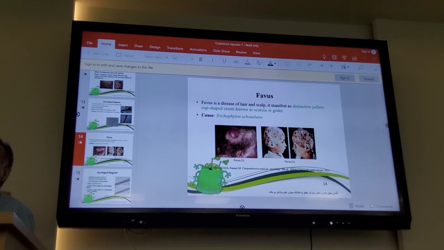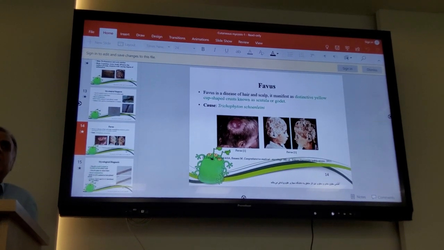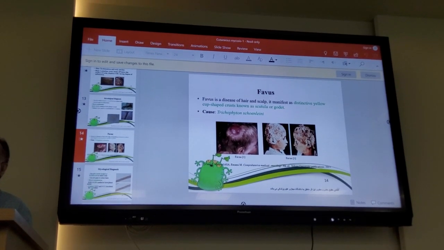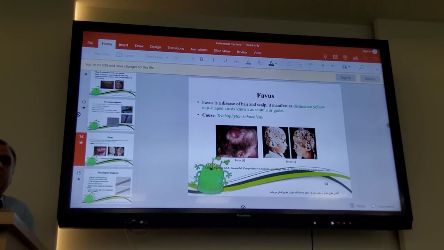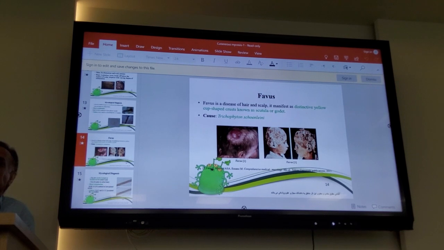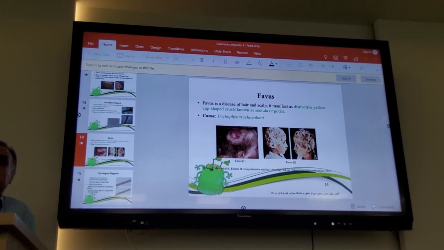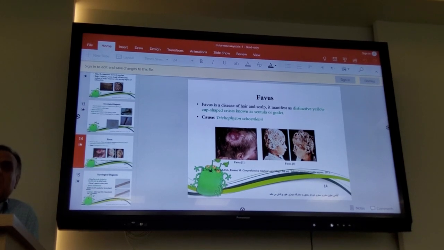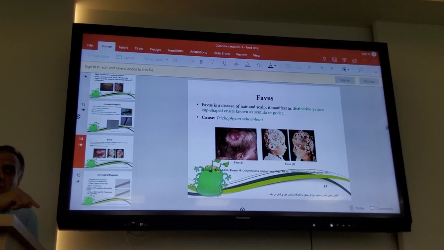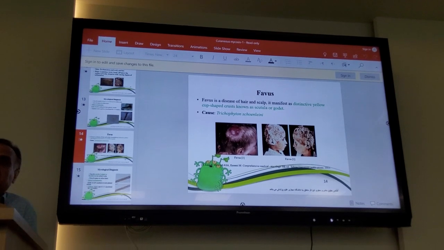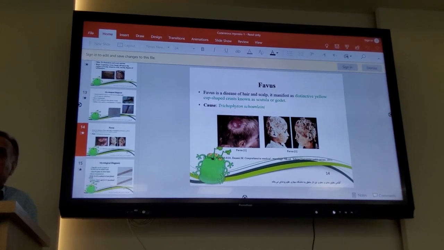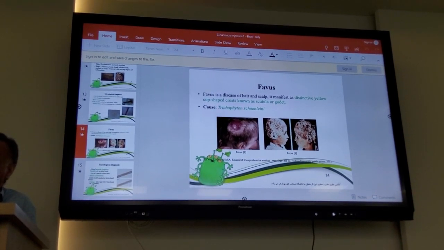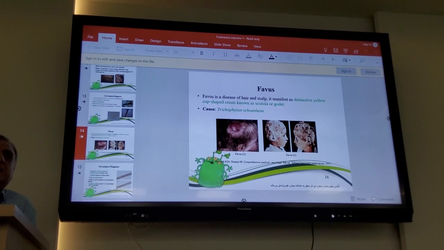Usually, anthropophilic dermatophytes are resistant to treatment. They show low reaction, low clinical signs, but lead to chronic infection and are resistant to treatment. But with zoophilic dermatophytes, because the immune system controls the reaction, treatment is better.